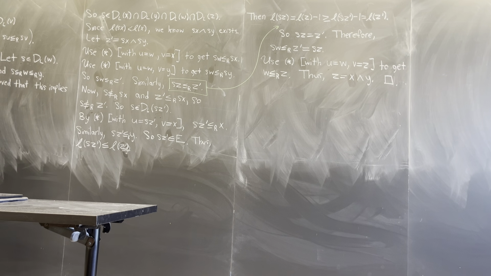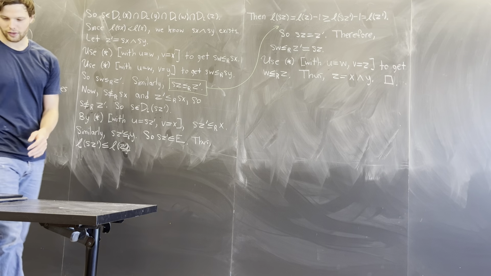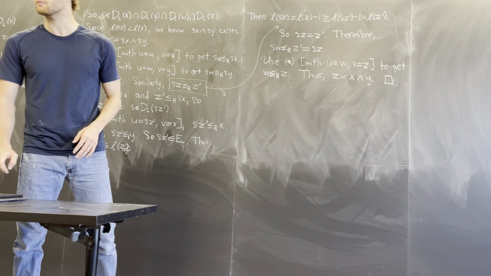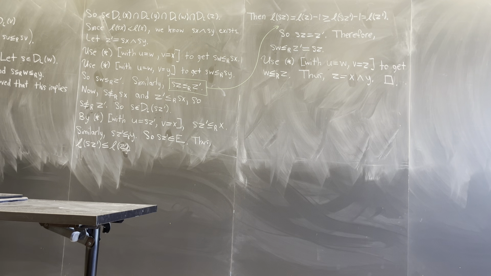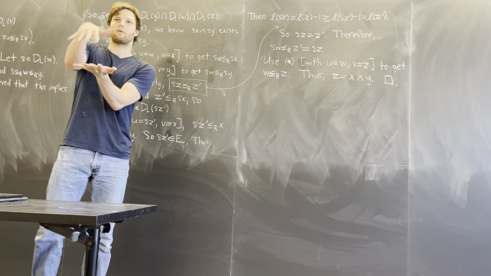So this is probably one of the more involved proofs that I'm going to go through in class. But I think it's an important result, so that's why I wanted to go through it. I don't know how illuminating this proof is. It kind of looks like it's chasing through things. But I think there are nice ideas here, like the idea to induct on the length and show that this poset is a meet semilattice by going from the bottom up.